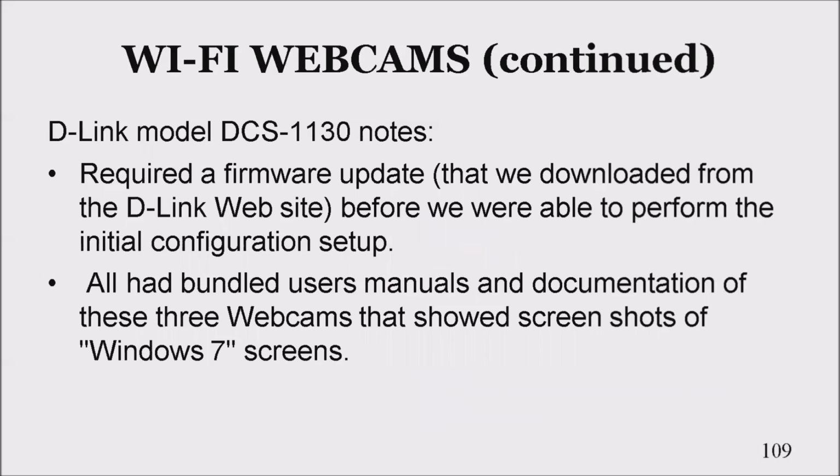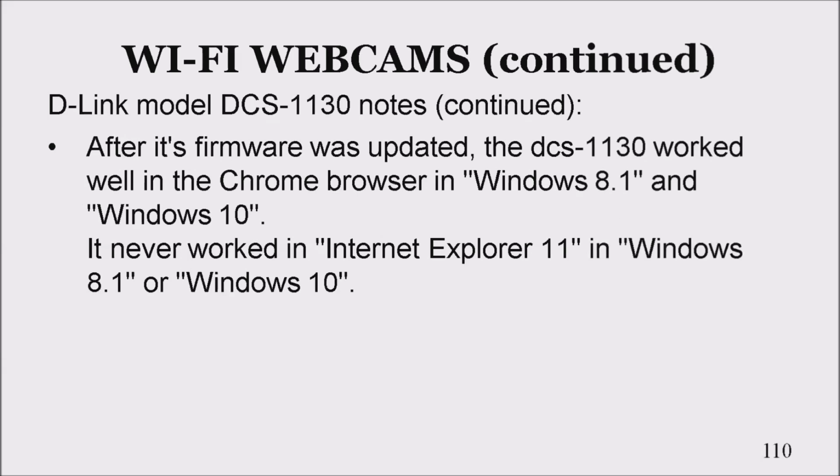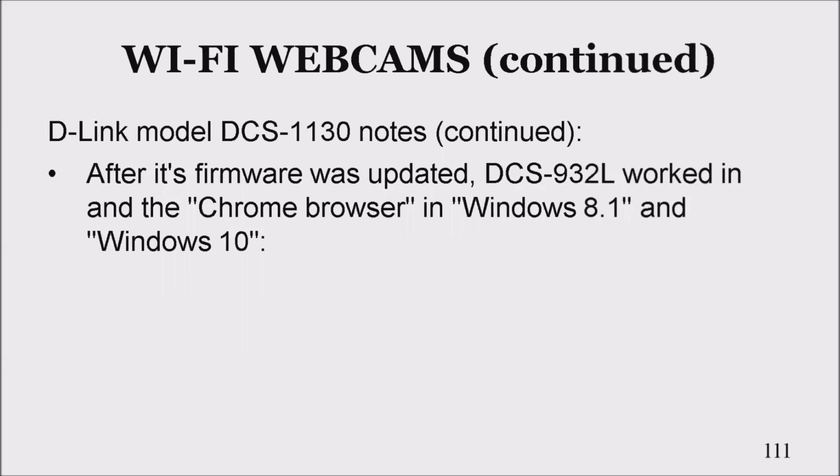It required a firmware update, just like the other two. Correction: the first thing that made me a little suspicious is all those manuals showed Windows 7 screens, so I suspected that it's getting a little obsolete.